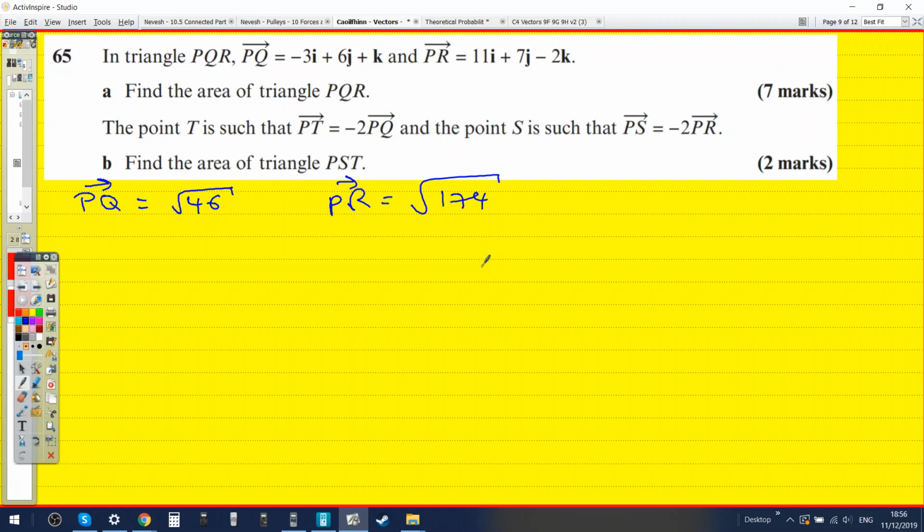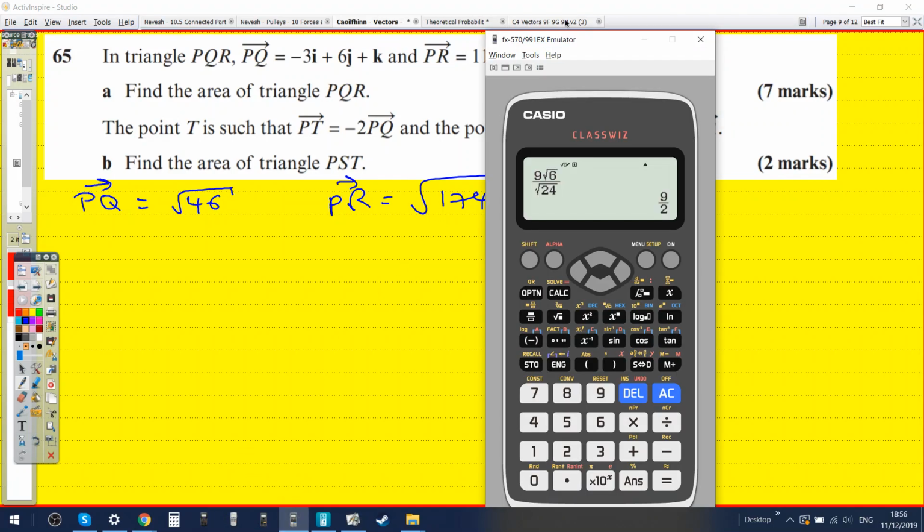Do we know any of the angles? Nope. We'd have to find it if we wanted it.